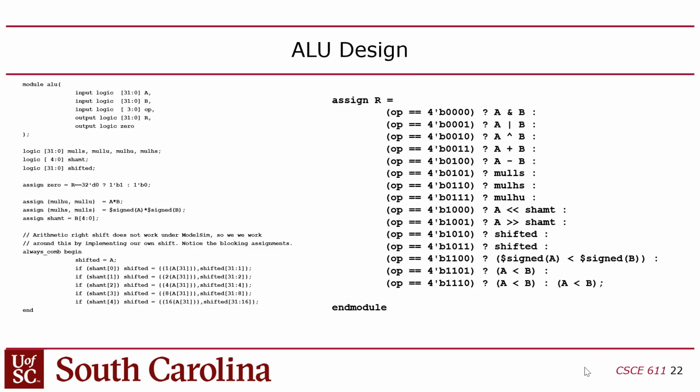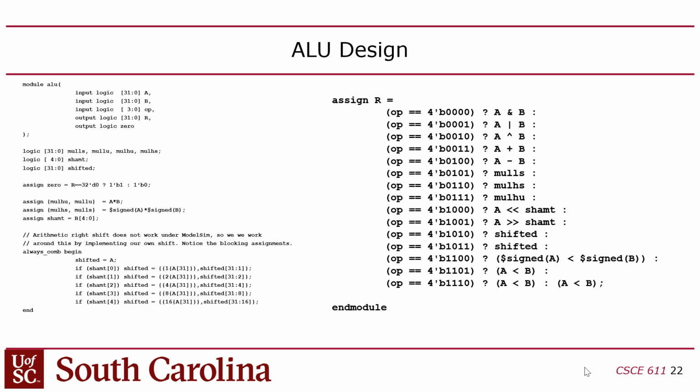Okay, this is the ALU code. I believe this is the one that we actually give you. I've split it into two columns. You can see there's some weird stuff going on here. Some of this stuff I'm not even totally clear on.